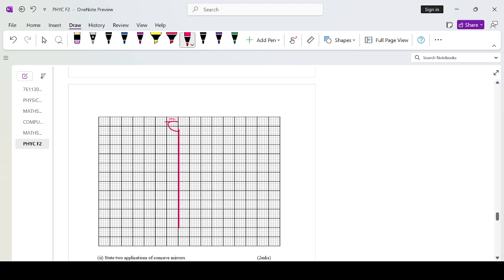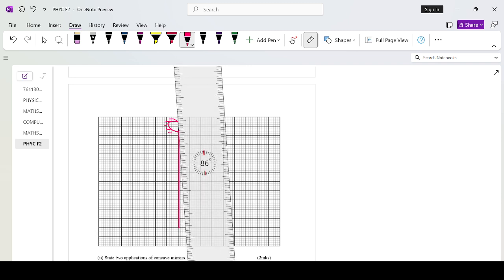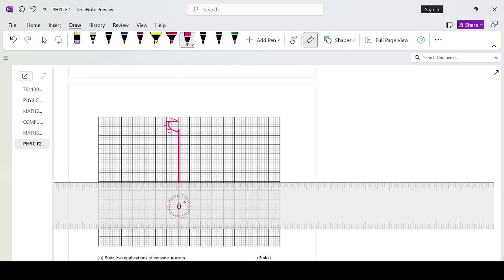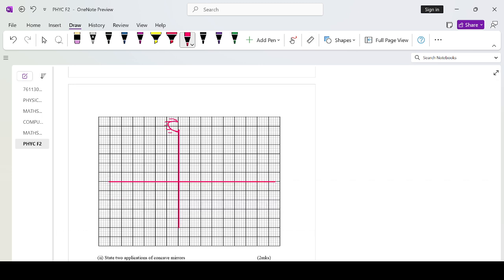So like that, it's a convex mirror. So we follow the procedure that an object of height 2 centimeters. Let me draw the principal axis first. I hope you know what a principal axis is. The principal axis can be here. I'm done with my principal axis.